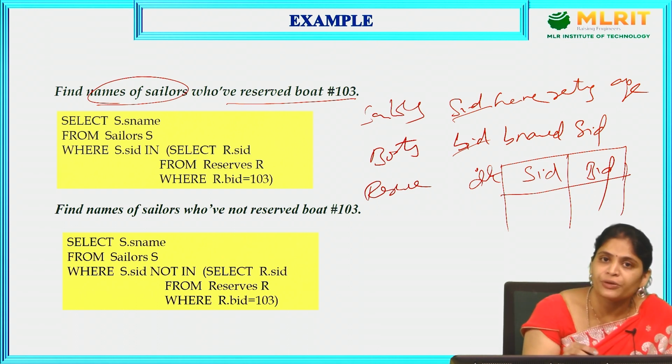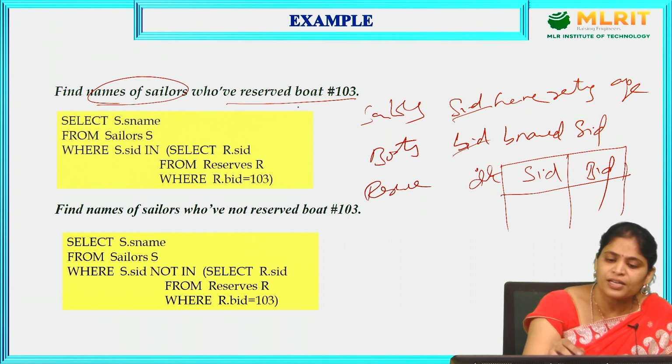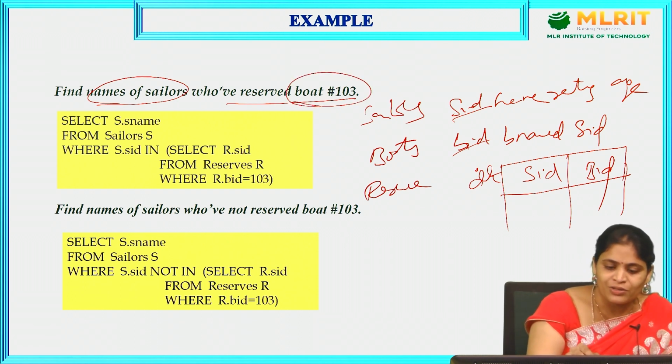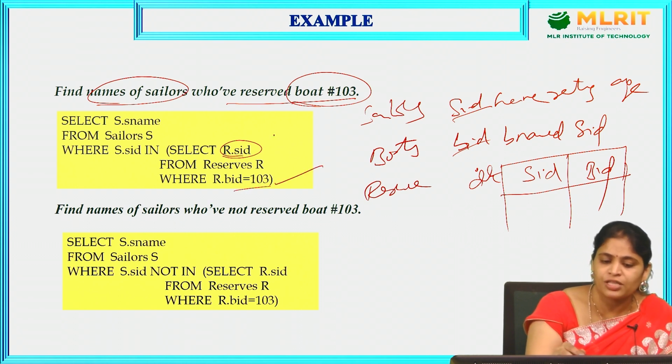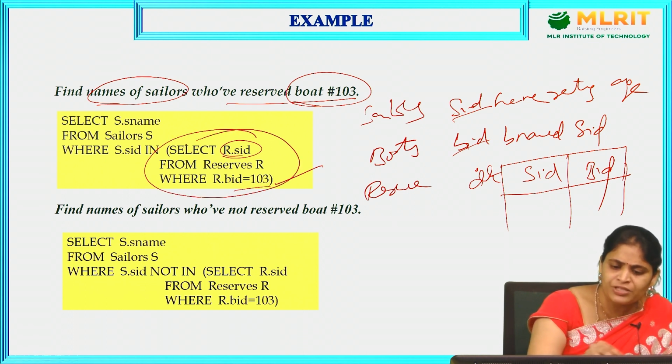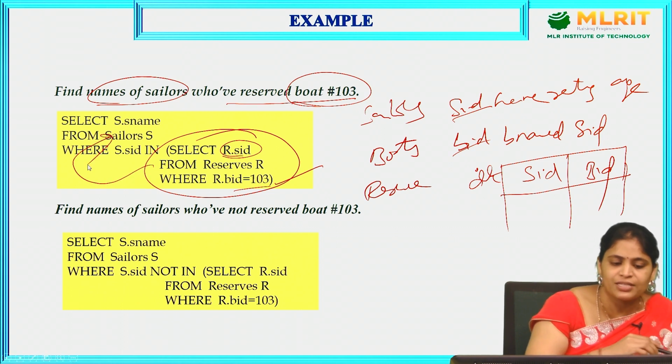First of all, the inner query is executed first. What is the inner query meant for? The sailors who reserved boat number 103. So select r.sid, the sailors who reserved boat number 103. This will be executed first, and based upon this result we compare with the sailors table. Why?